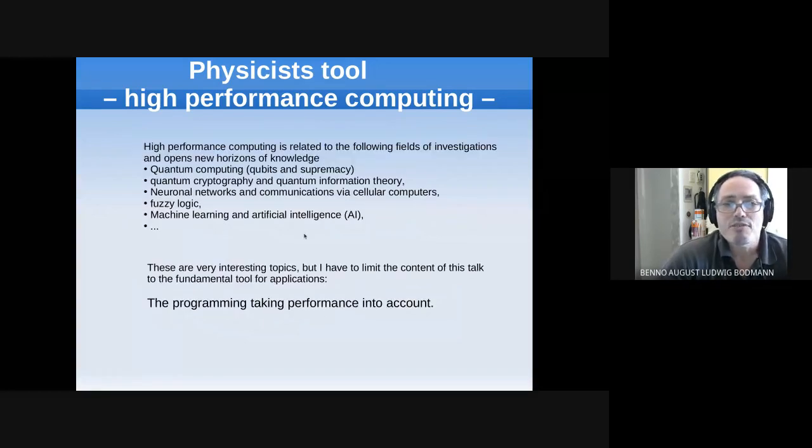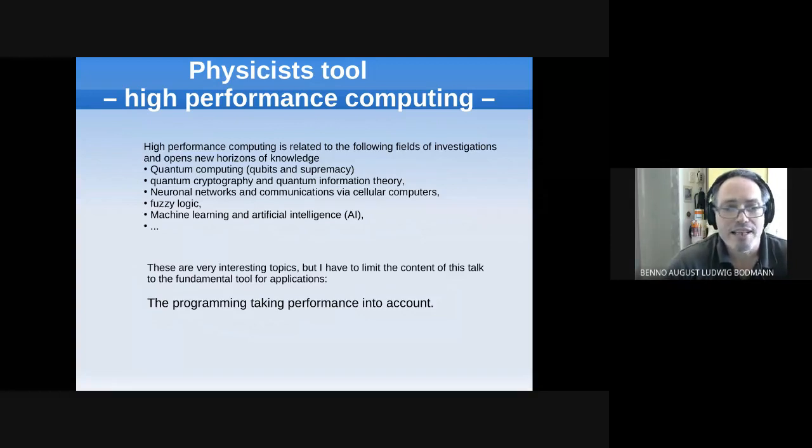High-performance computing is related to the following fields of investigation and opens new horizons of knowledge. We have it in quantum computing of qubits and supremacy, quantum cryptography and quantum information theory, neuronal networks and communication via cellular computers, fuzzy logic, machine learning, artificial intelligence, and in medicine with image recognition and more.